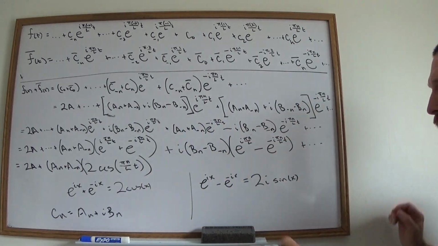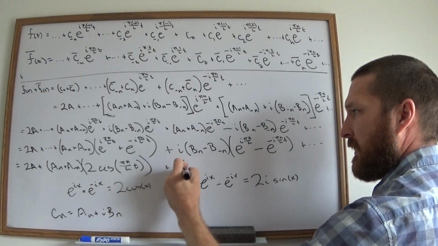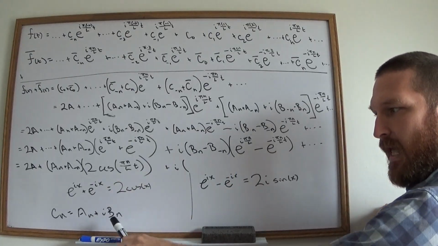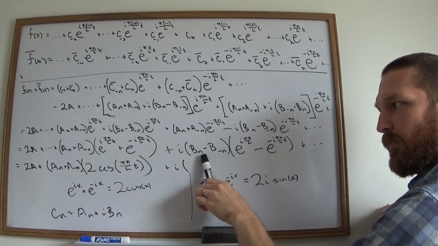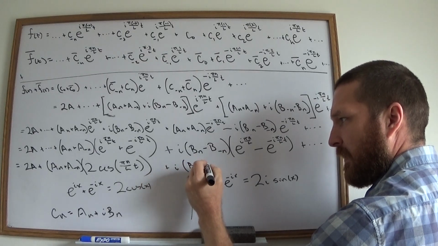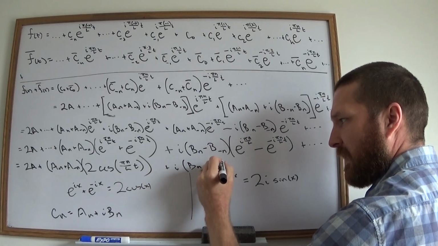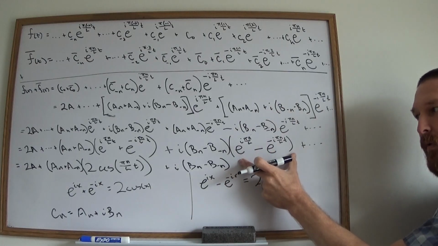Now what's left over here? Well, we have our plus i bn minus b negative n. Again, this is just a pure real number. The b's are purely real. So this is some real number, bn minus b negative n, times this right here. And what is this?